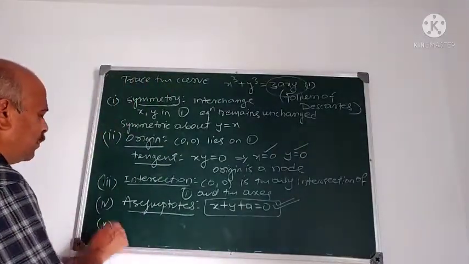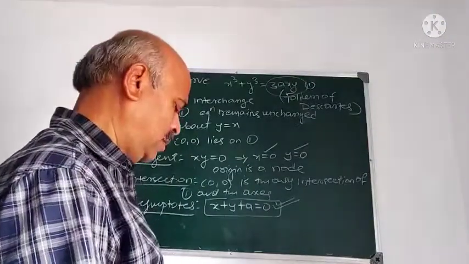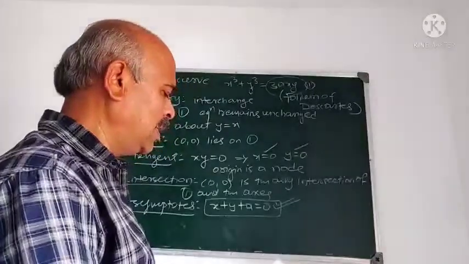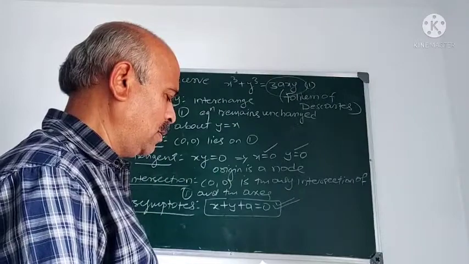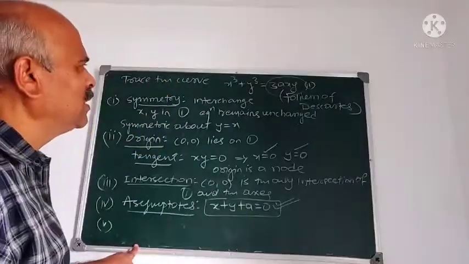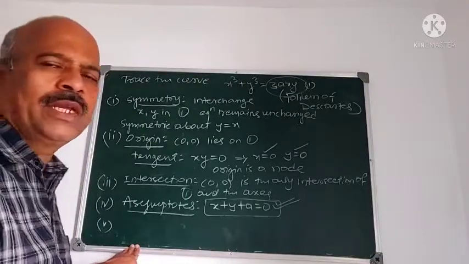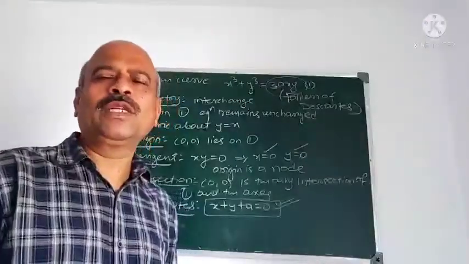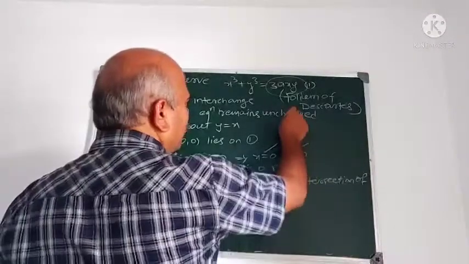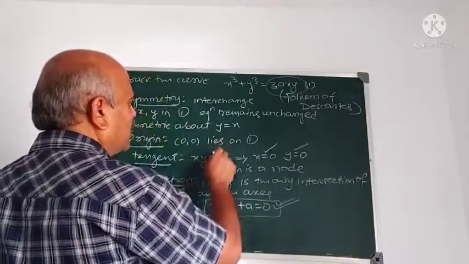Now, the region. How to find it here? We cannot easily solve the equation for x and y, so we cannot find it easily. But in this case, we find the intersection of the line y is equal to x, because the curve is symmetric about y is equal to x.